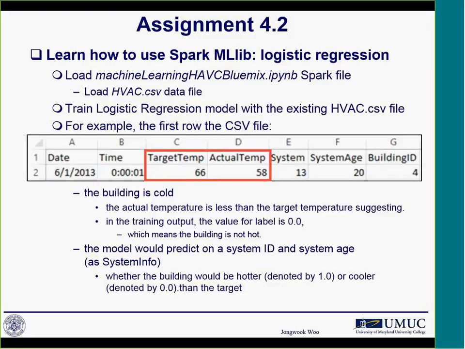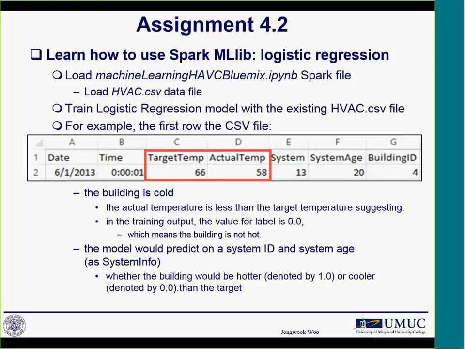If you take a look at the input data file, hvac.csv, there is a system name, system age, and building ID, and also a target temperature and actual temperature. It means that as a human being, you can control the air conditioner to set its target temperature, but for some reason, maybe the system is too old, so the actual temperature is much lower or much higher.